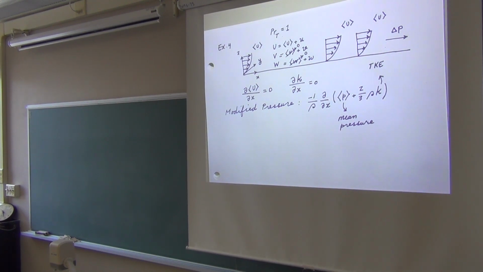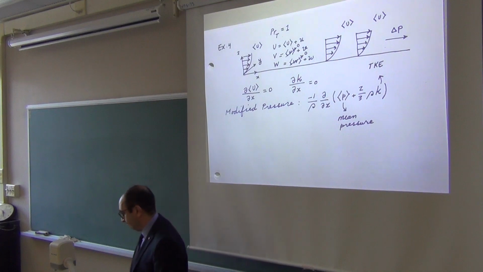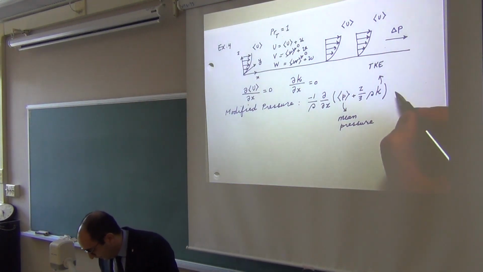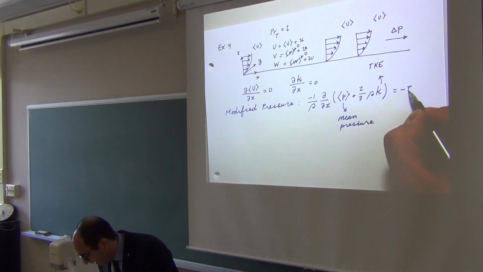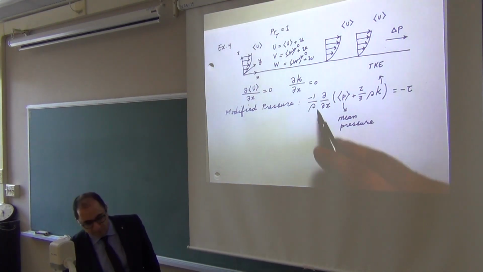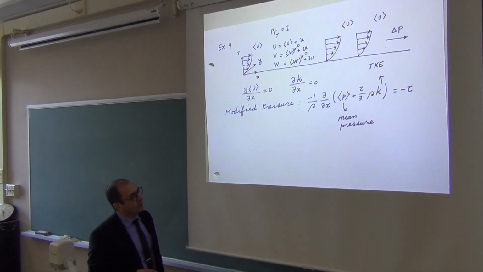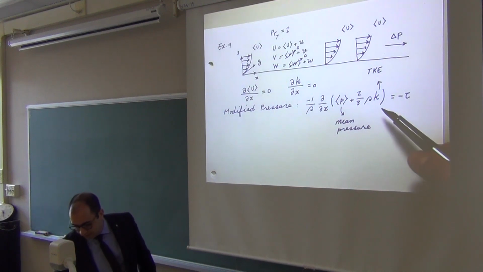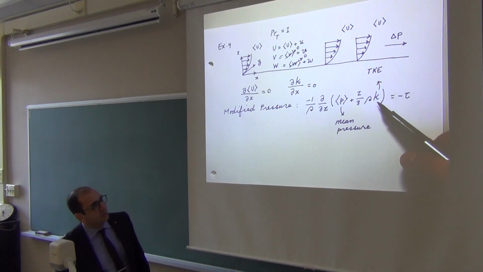And if you want, you can call all of this tau. Just a matter of notation. So this negative belongs to the formula. Okay, so this is your modified pressure, and you have to add mean pressure to a fraction of TKE to get the modified pressure.